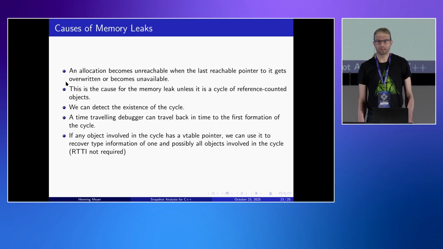And in particular, if I have an unreachable allocation and a check that tells me whether I have an unreachable allocation, I can use a time travel debugger and travel back in time to the first point in time the allocation becomes unreachable. That will usually be the time the last pointer gets overwritten.